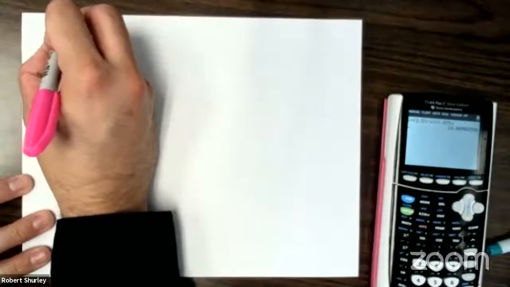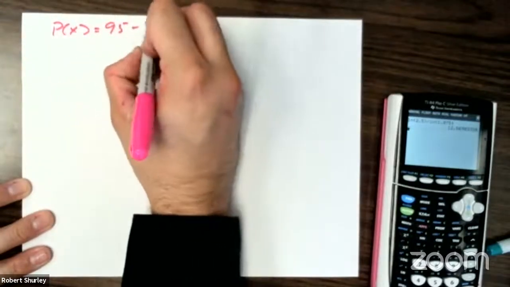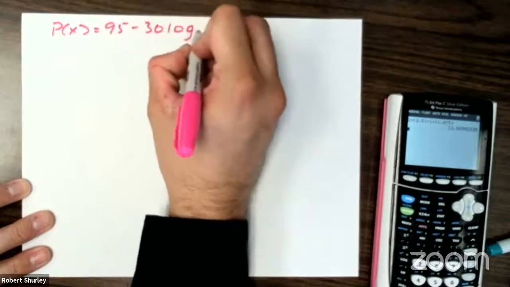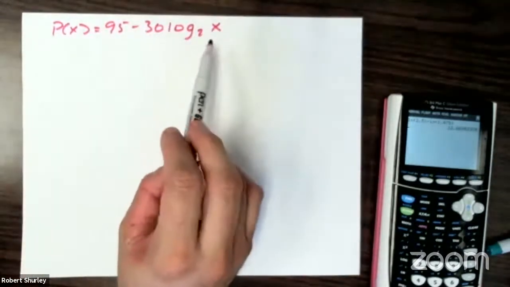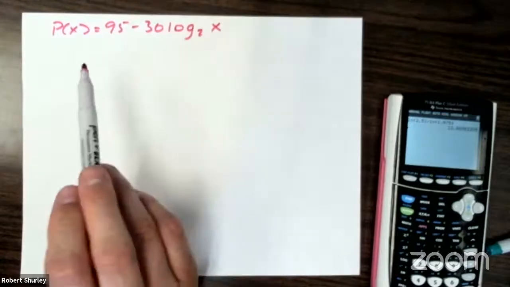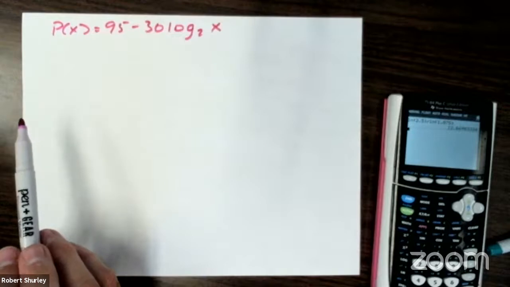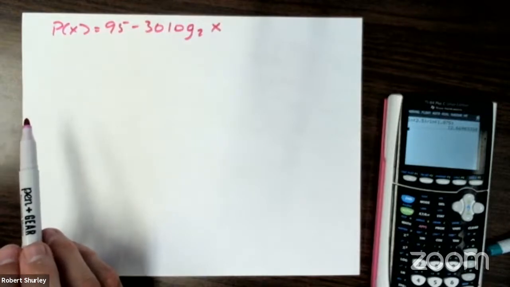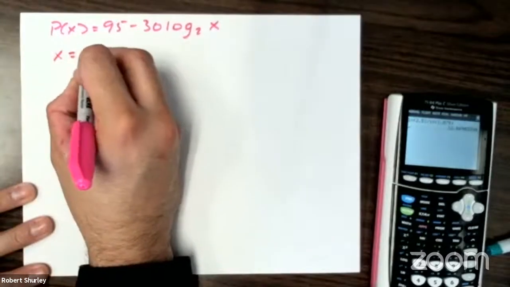Yes, number 117. We've got this function. This one always interests me. It says the function p of x equals 95 minus 30 log base 2 of x models the percent of students who could recall the important features from a classroom lecture as a function of time, where x equals days after the lecture.